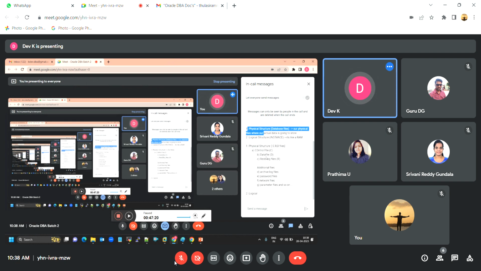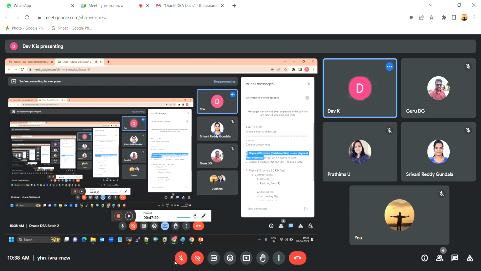Simply they will ask, can you please explain the Oracle server architecture? Then you have to answer the same way which I have said. In Oracle server architecture we have two major components: physical structure and logical structure.